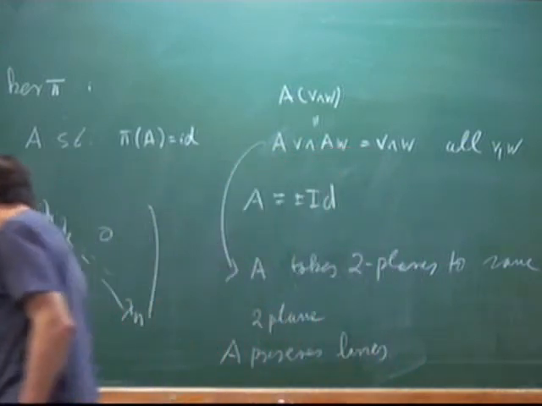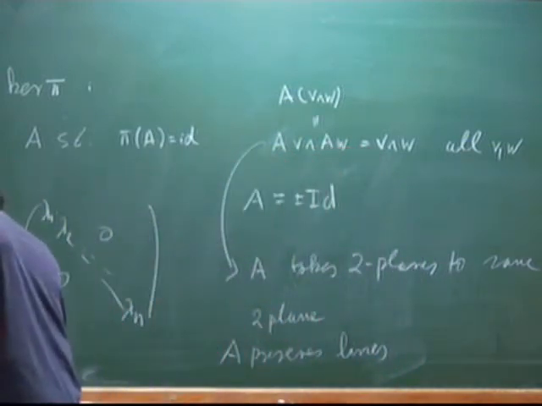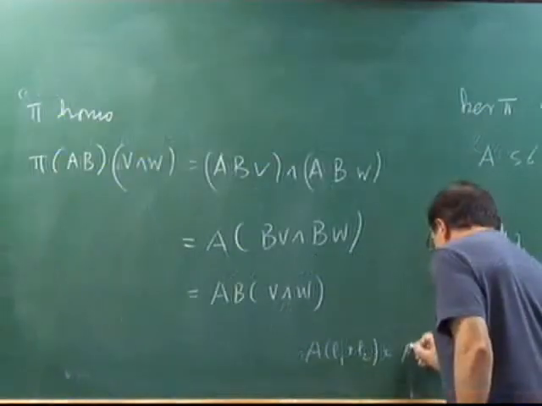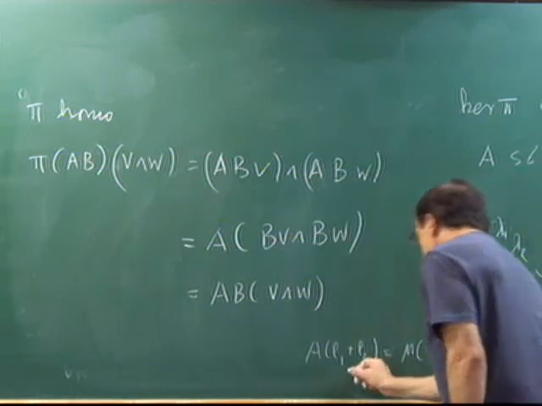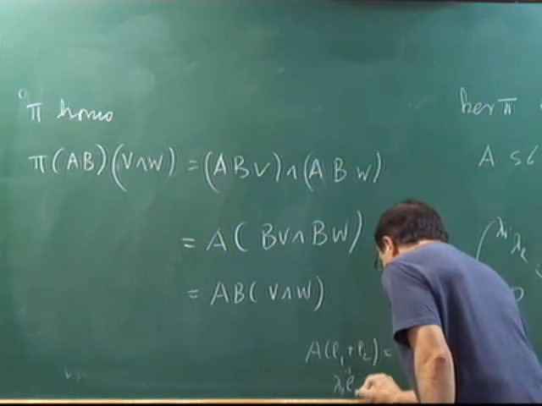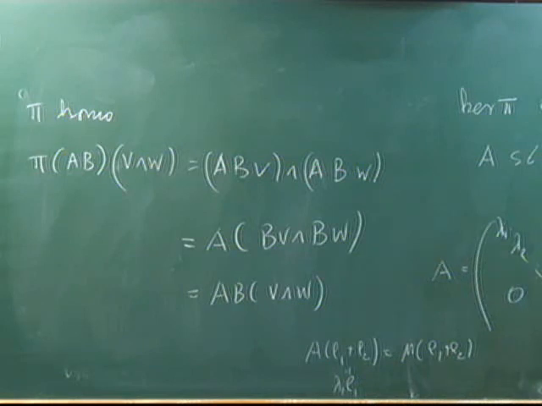So A of E1 plus E2 must be some new multiple of E1 plus E2. But this here is lambda 1. The product of any two is 1. Why is that? Because of the equation you have on the right. Yes, so lambda i times lambda j is 1. That's a good idea. And the product of all of them is 1.